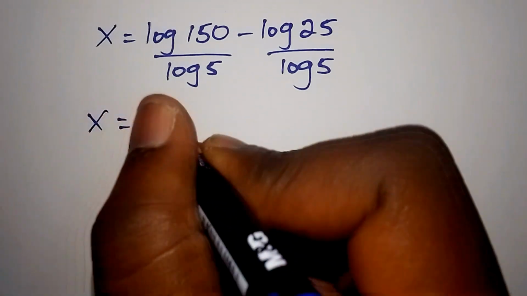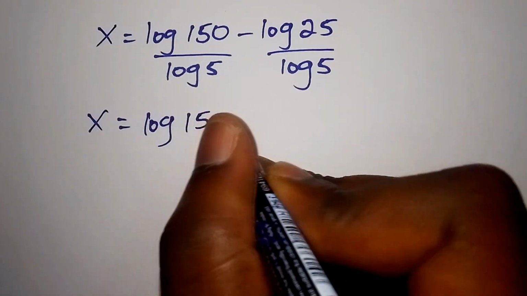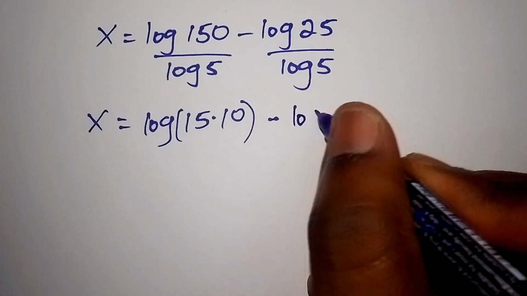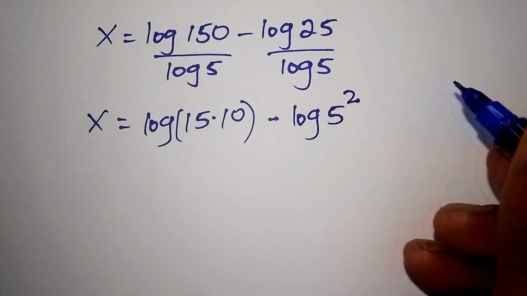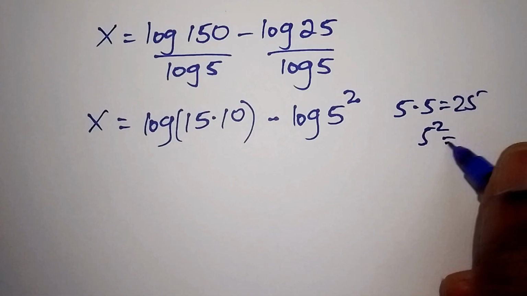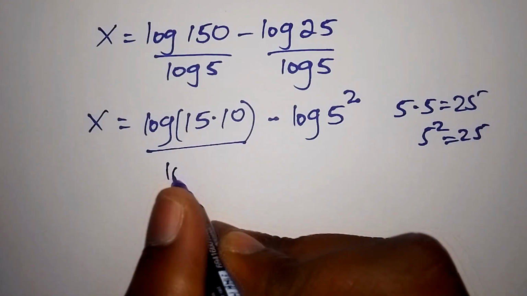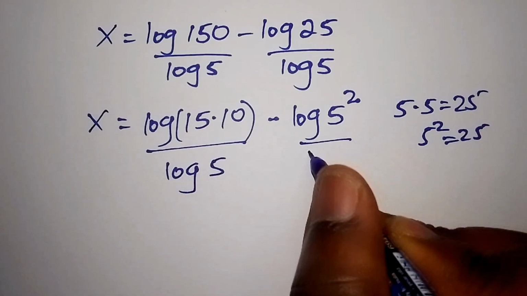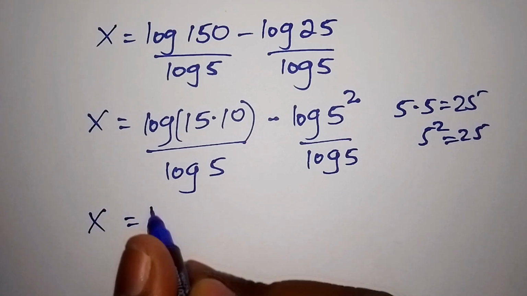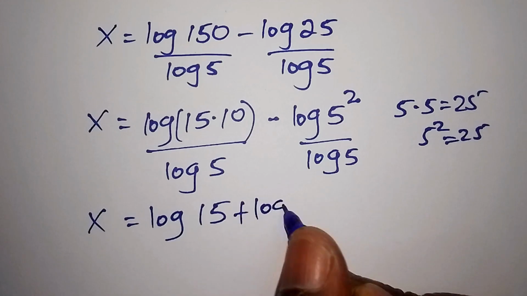Now x is equal to, so log 150 can be written as the log of 15 multiplied by 10, in brackets, minus the log of 25, which can be written as the log of 5 to the power of 2, because 5 multiplied by 5 is 25.